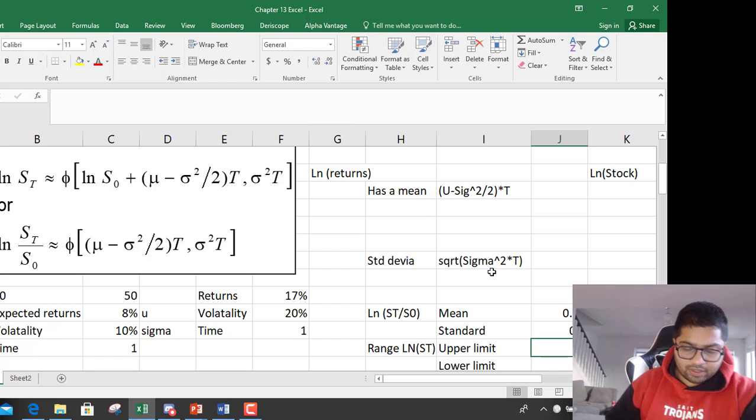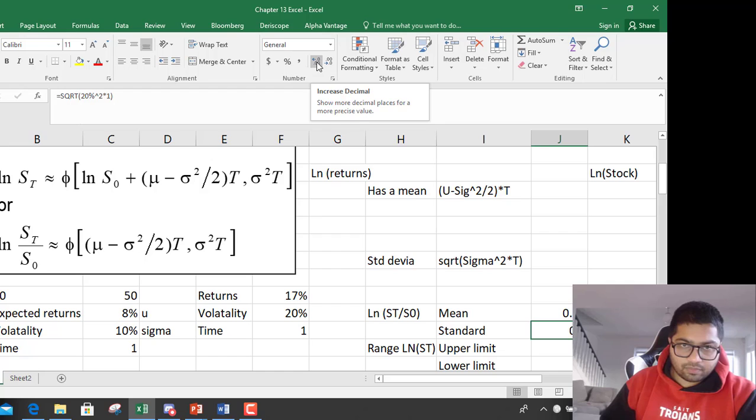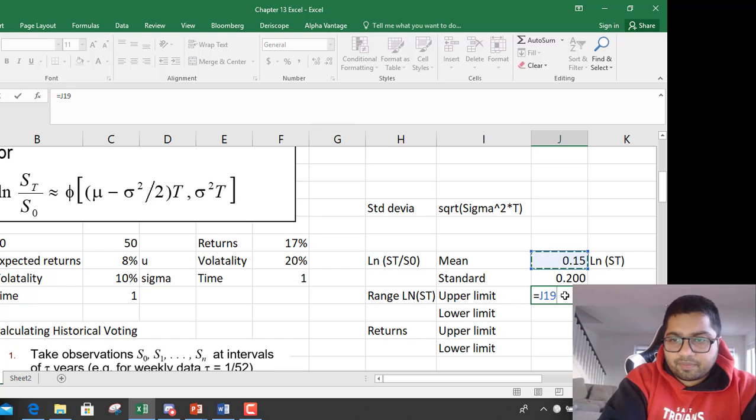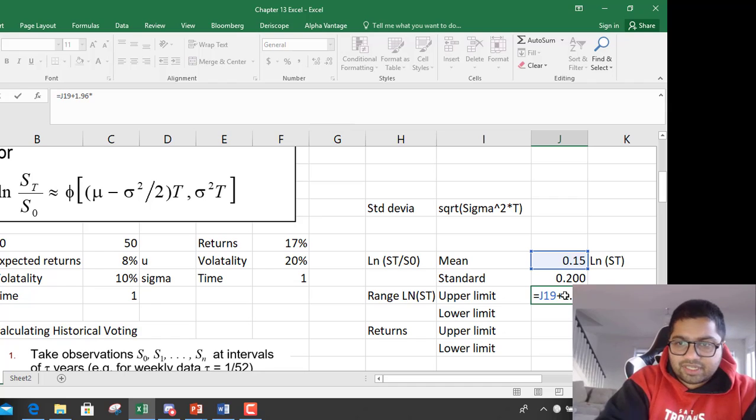So it is 0.2. So you can find out upper limit, 0.15 plus 1.96 times standard deviation. So mean plus 1.96 times standard deviation is the upper limit.